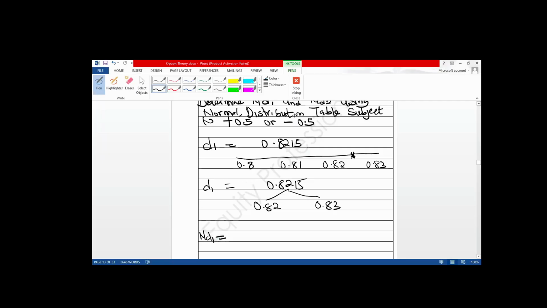Now look, we said this table is subject to 0.5 plus or 0.5 minus.